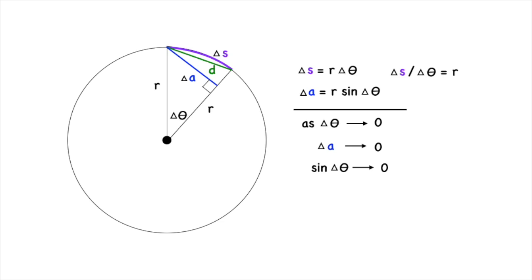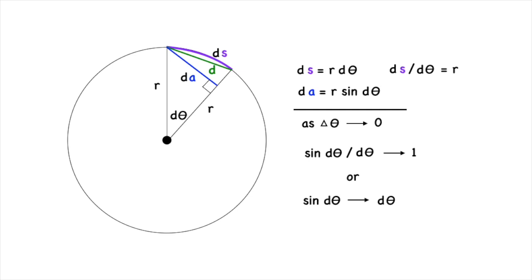But what about the ratio of theta to sine theta? Let's switch over to infinitesimal notation and I'll show you the answer. The ratio of sine d theta to d theta goes to 1, or the sine of d theta goes to d theta. This is an actual trigonometric limit formula.